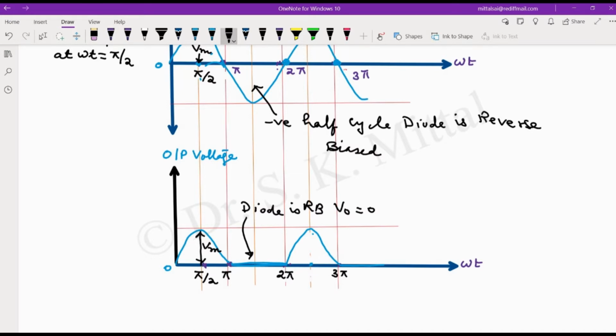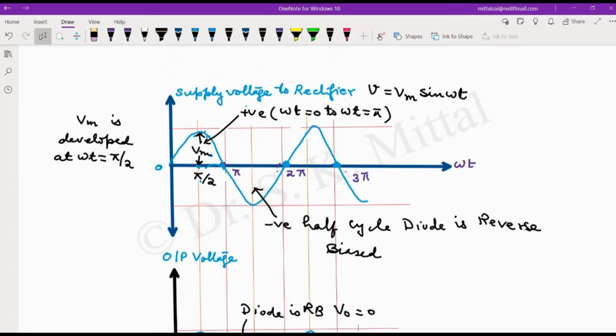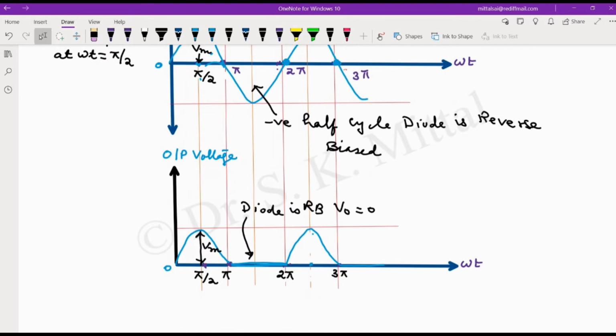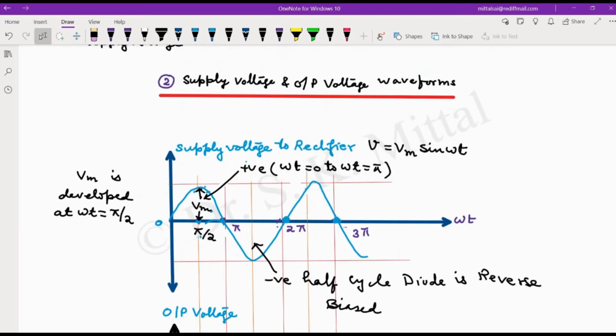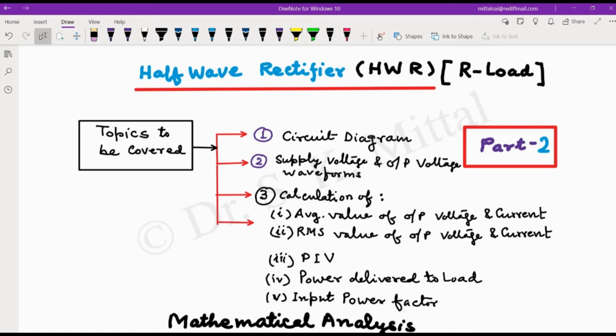Now from 2 pi to 3 pi, again this positive half supply is applied and diode is again forward biased, and therefore we get the output voltage. On the basis of this output voltage waveform, we have to calculate first of all average value of output voltage and output current.